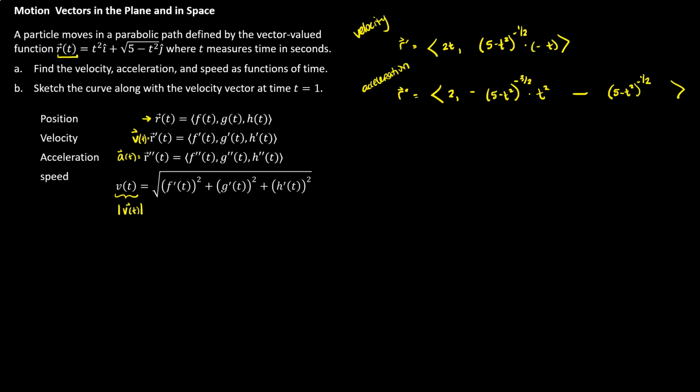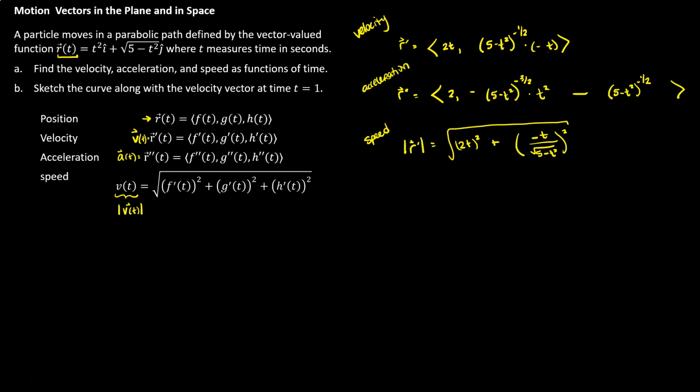Now we need to find speed. Speed, remember, is the magnitude of that first derivative of r. So to find speed, we'll find the magnitude of r prime. And this cleans up.